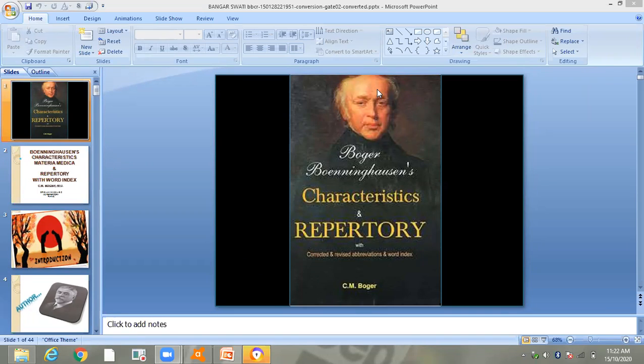For example, under the mouth subsection we find the subchapter palate. Under the chapter throat we find saliva and tongue.